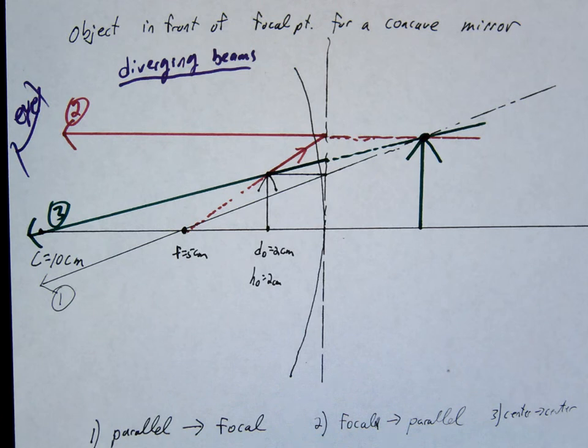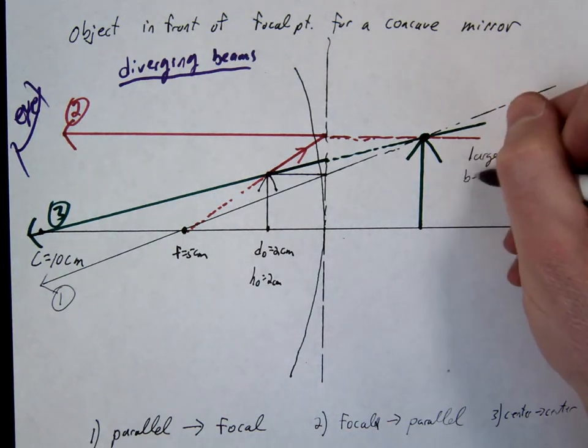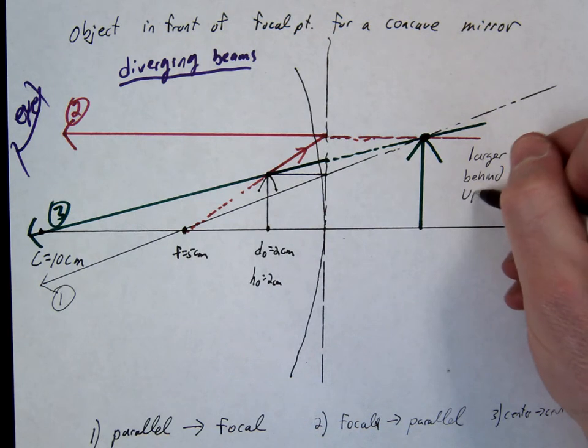Good. What else do you notice? It's behind the mirror. Okay, so let's just give some characteristics. So it's larger. It's behind the mirror. Is it inverted or upright? It's upright.